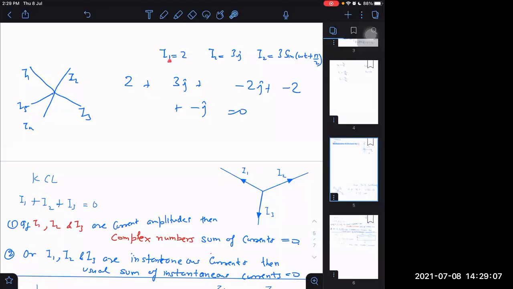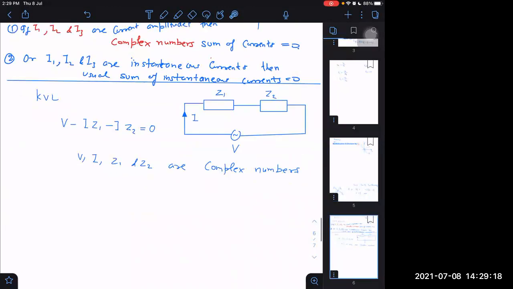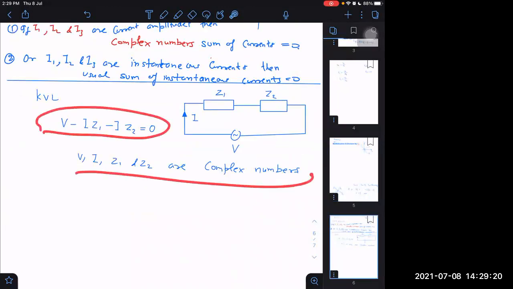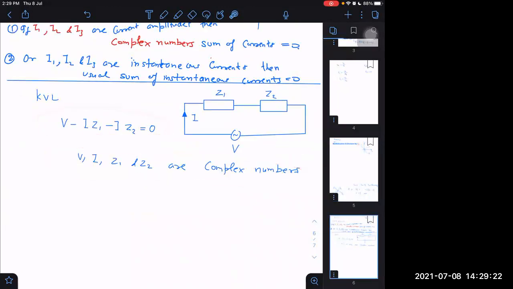Without even knowing what are the instantaneous values, I can still get the answer by this. KCL will be valid even if I take the peak values. Similarly for voltage also, if I take these like complex numbers, then these will be peak values of V, I, etc. But if I take these like real numbers or normal scalars, then at any instant, some of these will be 0.